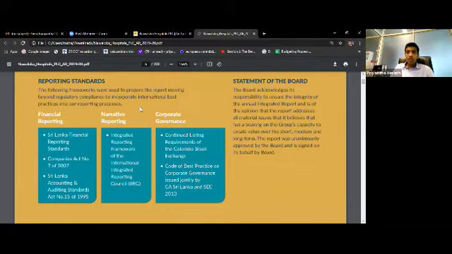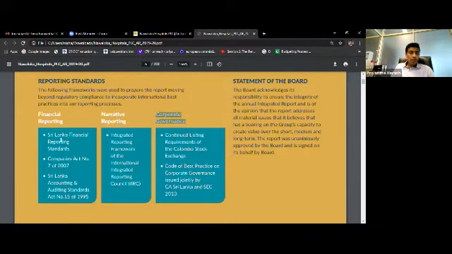Now, even the annual report preparation process is evolving, and therefore, in addition to financial reporting, we report narrative reporting and corporate governance, right? So now there are three parts. The first part is financial reporting, then narrative reporting, and corporate governance.